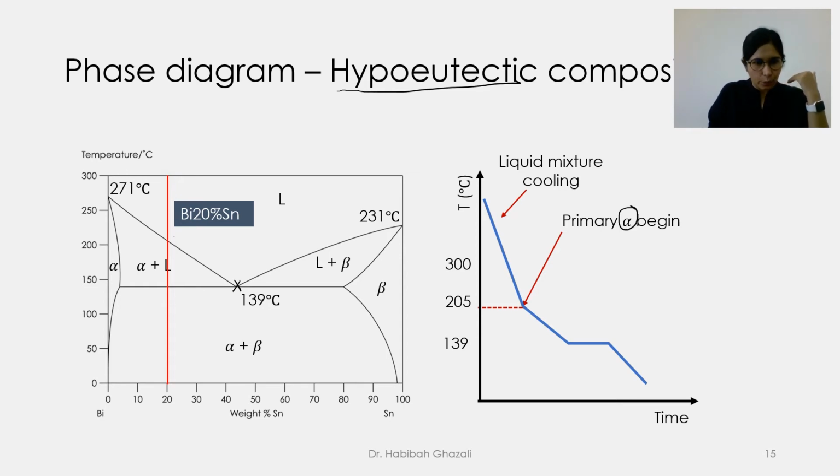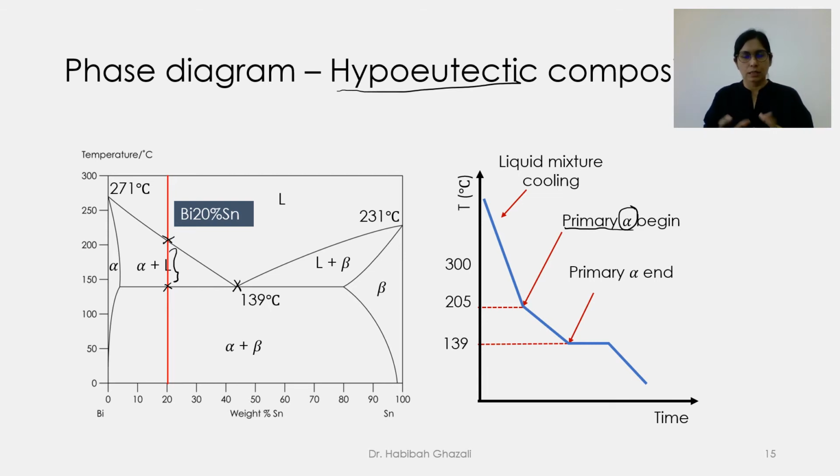At that point, only alpha solid solution will start to form, and that alpha is what we call primary alpha solid solution. Within this region, it will start to grow bigger and bigger, and at this point here, it will stop solidifying. So primary alpha solid solution solidification will end at that point.